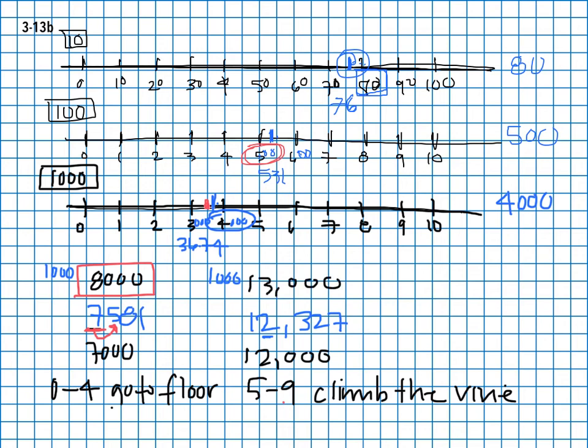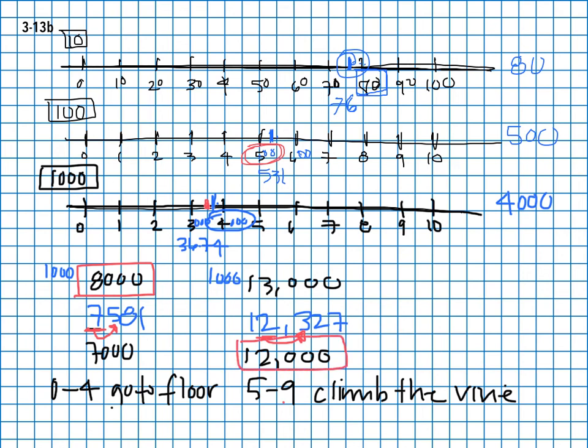Well, let's look. 0 through 4 we go to the floor. 5 through 9 we climb the vine. Well, that M has an extra bump on it. Let's forget we see that. 1,000, oops, I need my red. 1,000, we look to our neighbor. 3, does that tell us to go up or down? Go to floor, so we're going to go down. So we're going to go to 12,000.